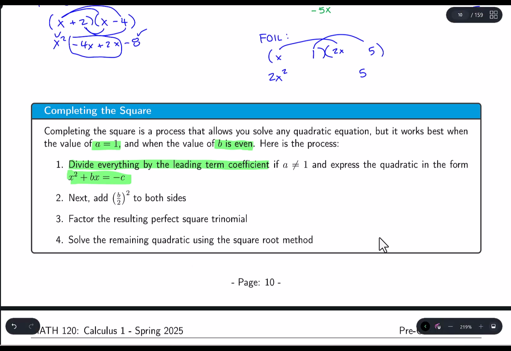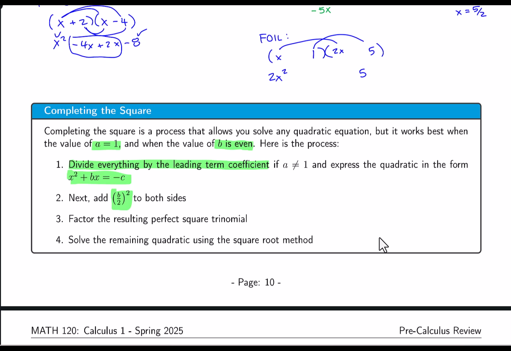Now, there's this seemingly magical term, which is half of the number multiplying x, squared. And that's the key thing to remember here. You're going to take that value and just add it to both sides. And what that does is it creates a perfect square trinomial on the left-hand side of your equation.